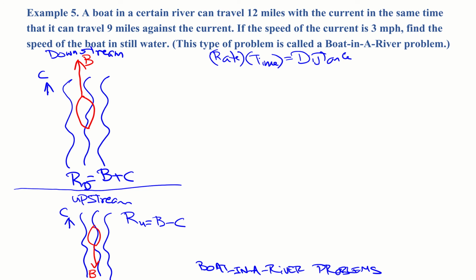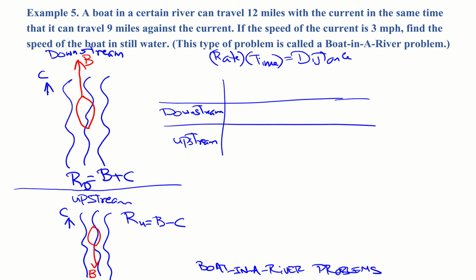So if we set up a table like this, we can dedicate one row to downstream motion and one row to upstream motion. So we're going to be dealing with rate.